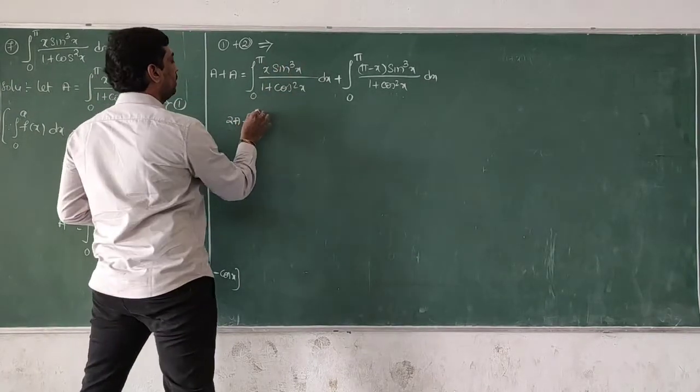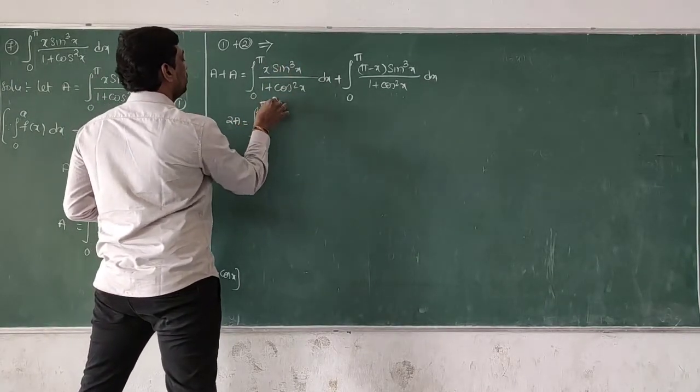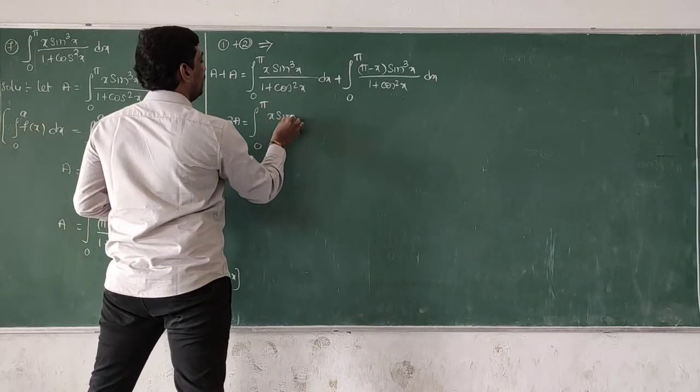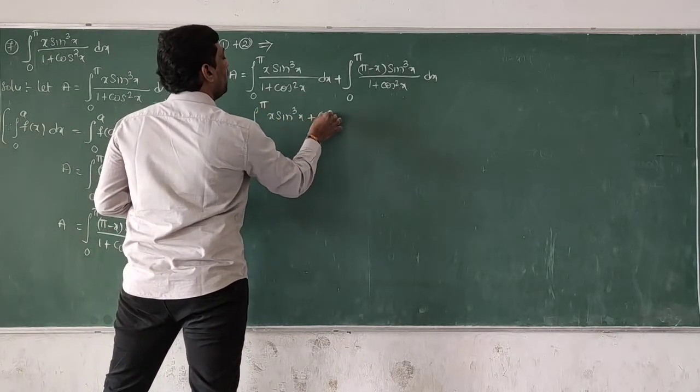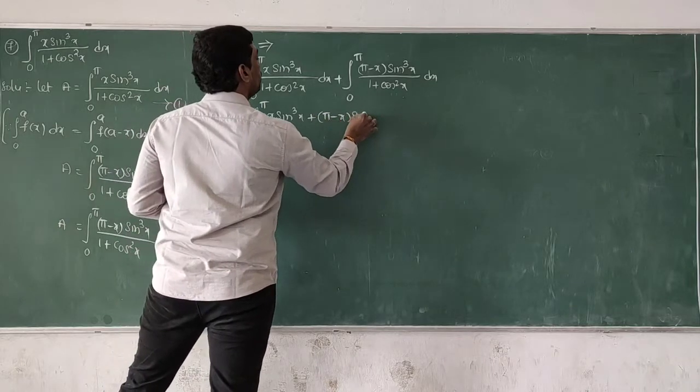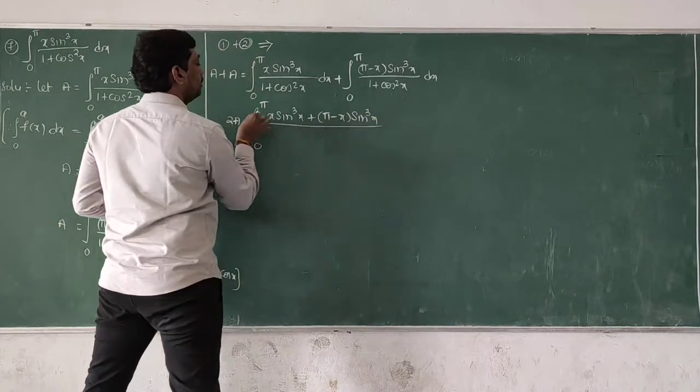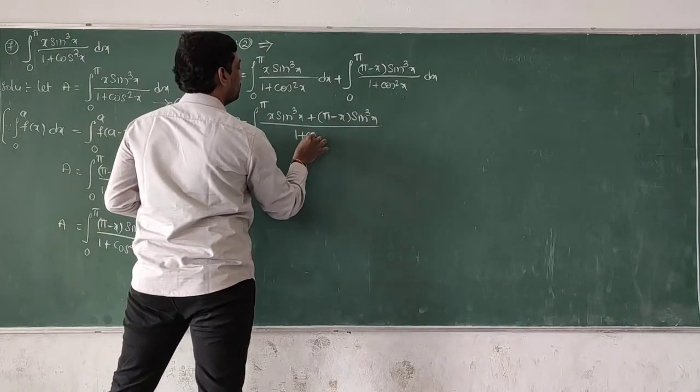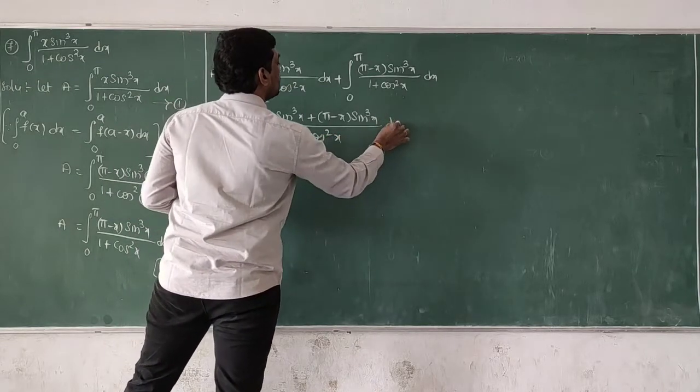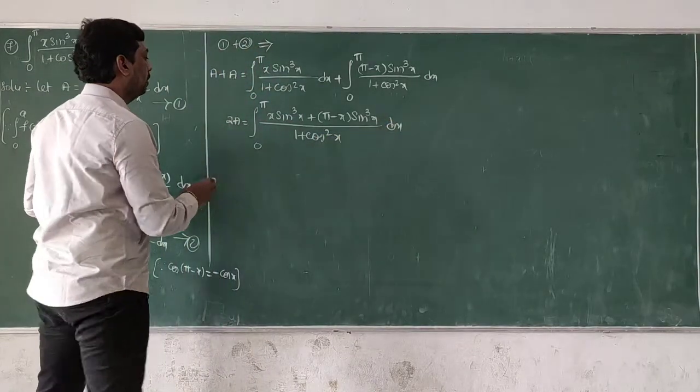Denominators are also equal. That's why this can be written as 0 to pi, x sin cube x plus pi minus x into sin cube x, by 1 plus cos square x dx. Okay.